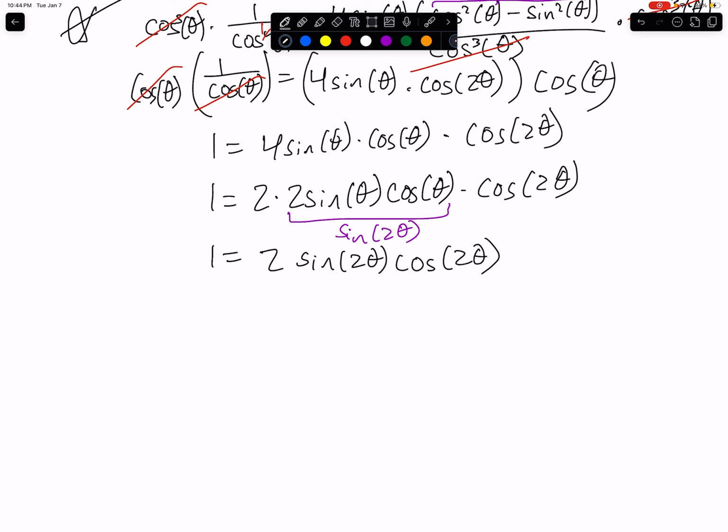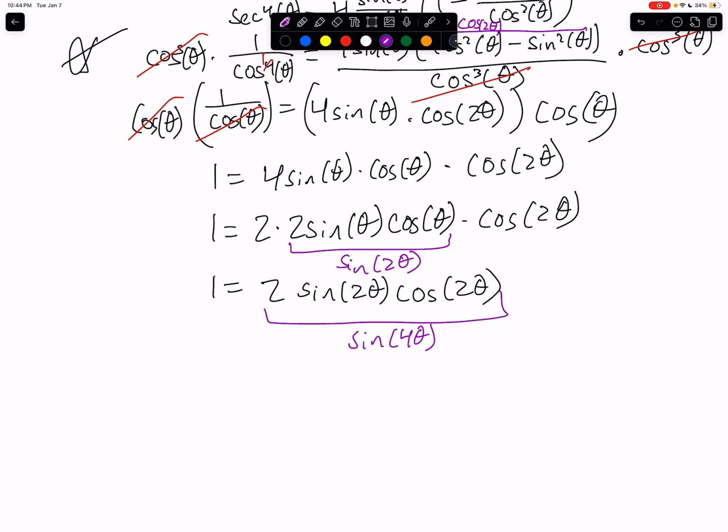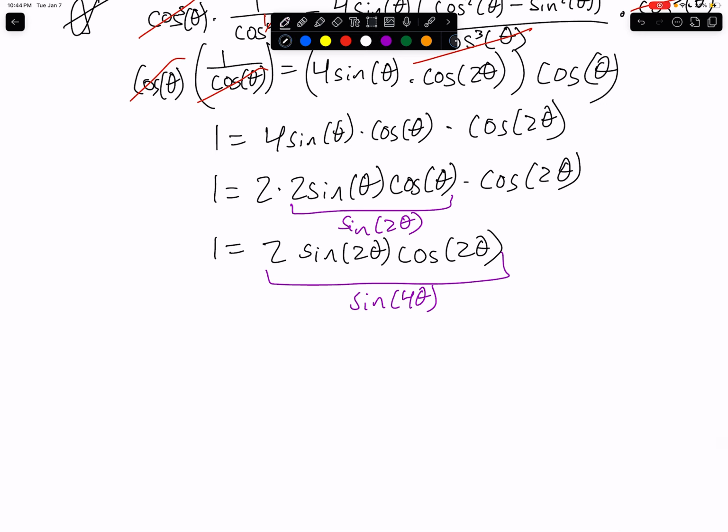And this right here is a variation of the double angle for sine, which is just sine of 4 theta. Oh my god. Okay, we're actually getting somewhere. So now we have 1 equals sine of 4 theta. And this is now just great. Where do we go from here?